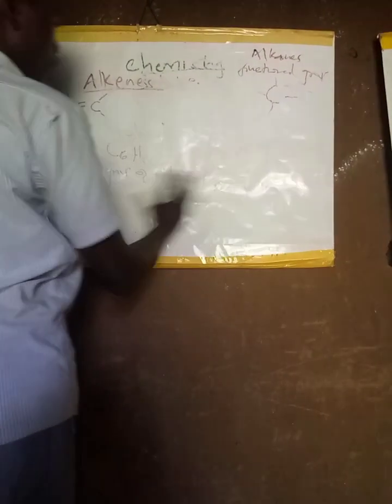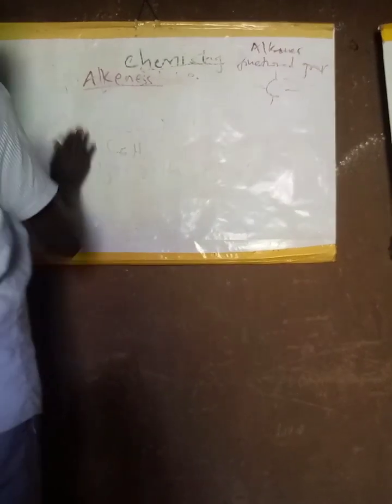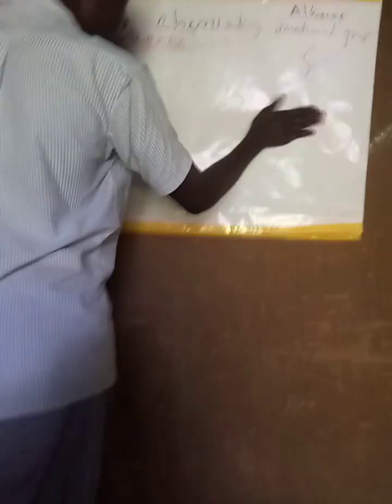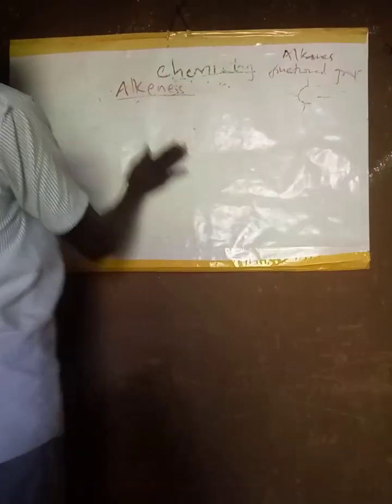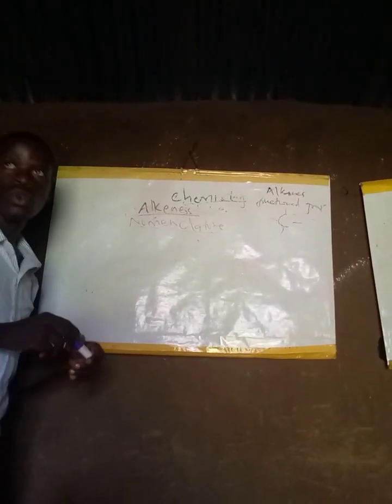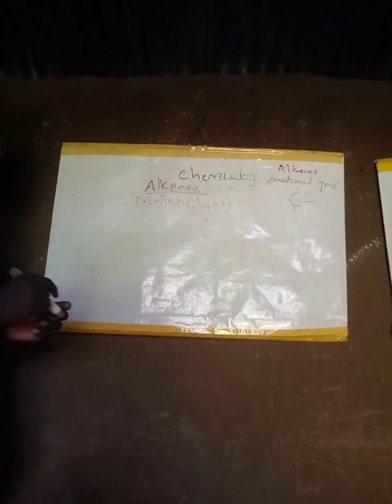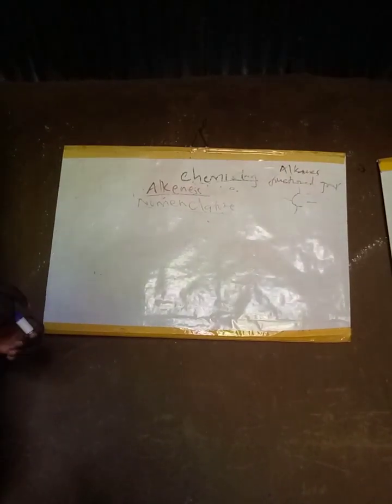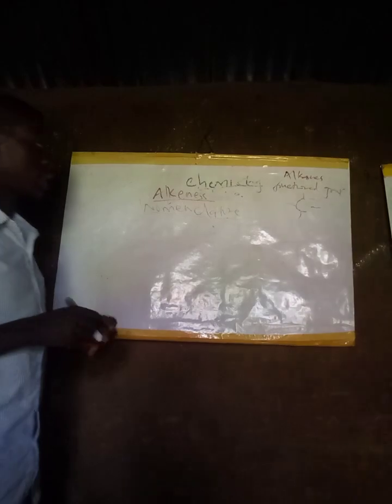Let's move to nomenclature of alkenes. Nomenclature is where most of the questions will come from. For the nomenclature, the rules that we use on alkanes are the same as the rules that we use in alkenes.